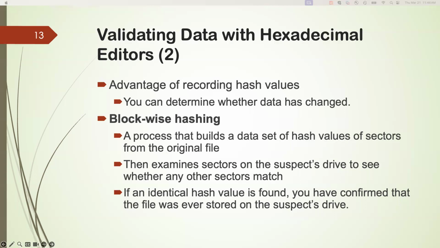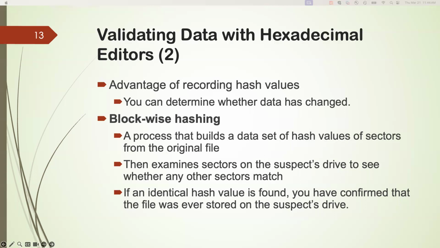Blockwise hashing divides the file into different blocks, so we can say sectors or clusters at the hard drive level, and then computes the hash of each cluster or sector one by one. So for one file, you don't have one hash of the entire file; instead you have different sectors or clusters of that file, and you have a hash of each.